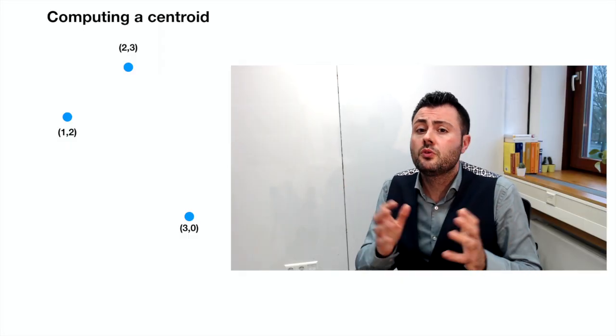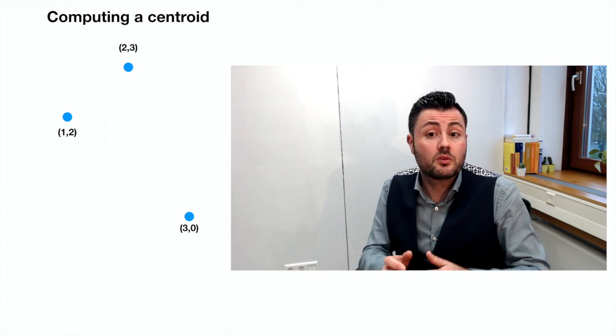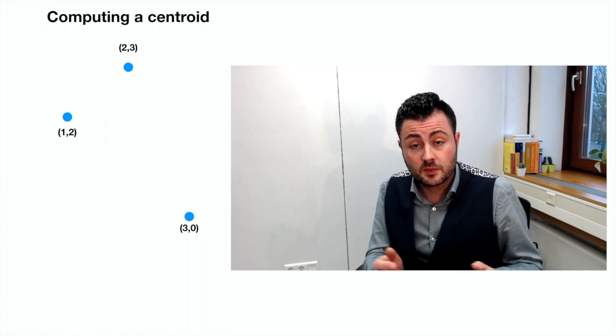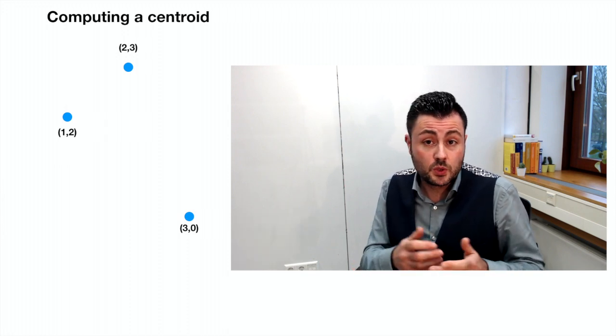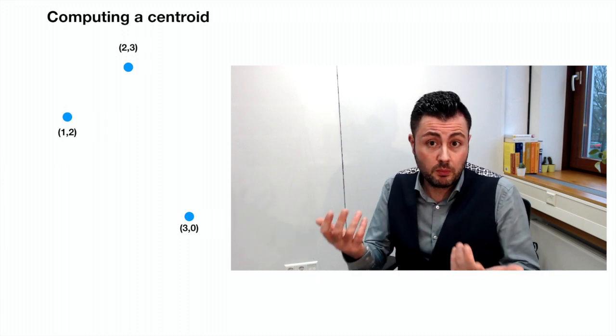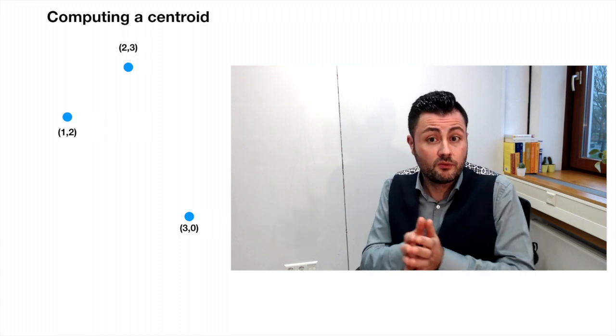Let's consider the situation that we have on our screens. We have three observations. These three observations, for example, represent three customers. For each customer, we have two features, and the two features can be represented, as we have already seen, as the coordinates of a plot. Now, we have three customers, and these three customers have the following values.